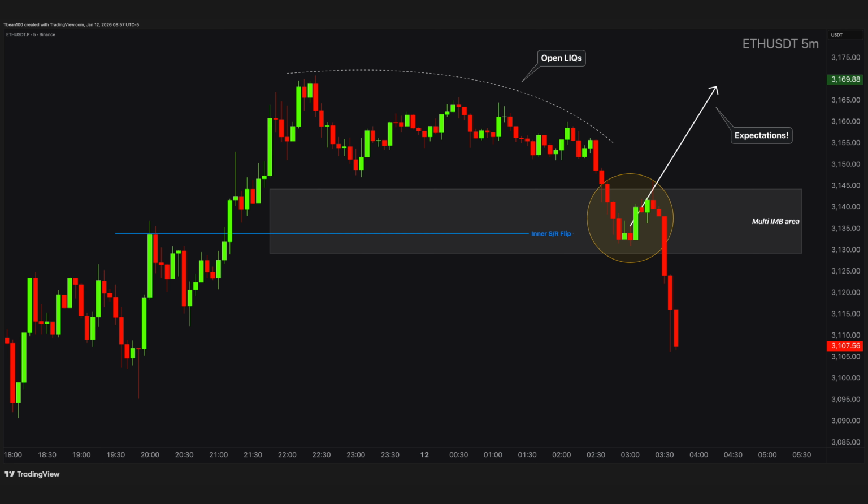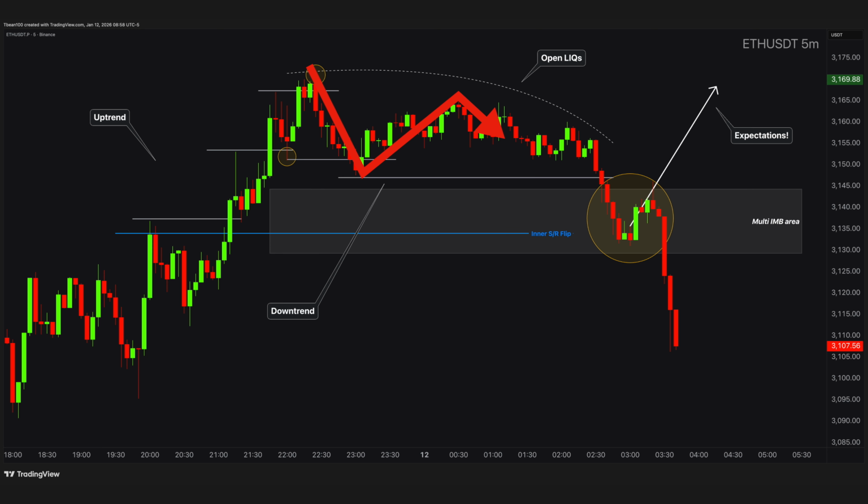Then that inner trend structure completely shifted and changed into a clear downtrend. You can also look at the smaller inner trends if you want to, which keep making lower lows. So, when I look at this 5-minute chart, everything I see is telling me that the low time frame uptrend is broken here.